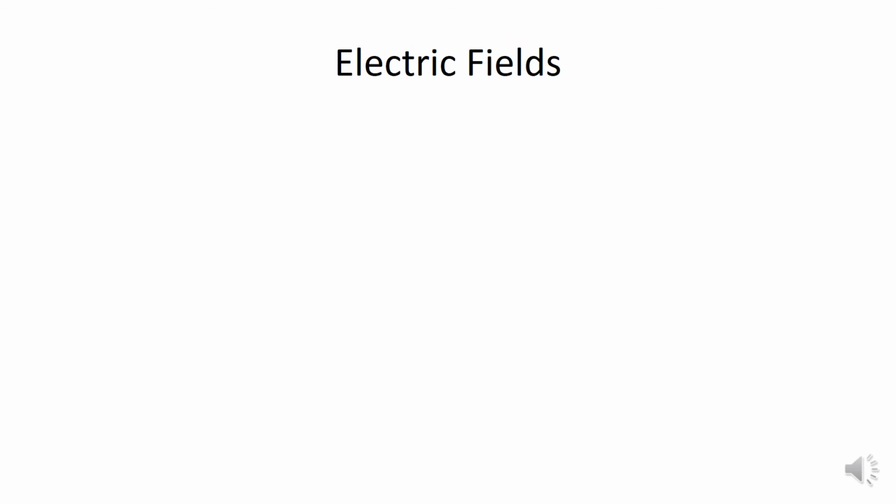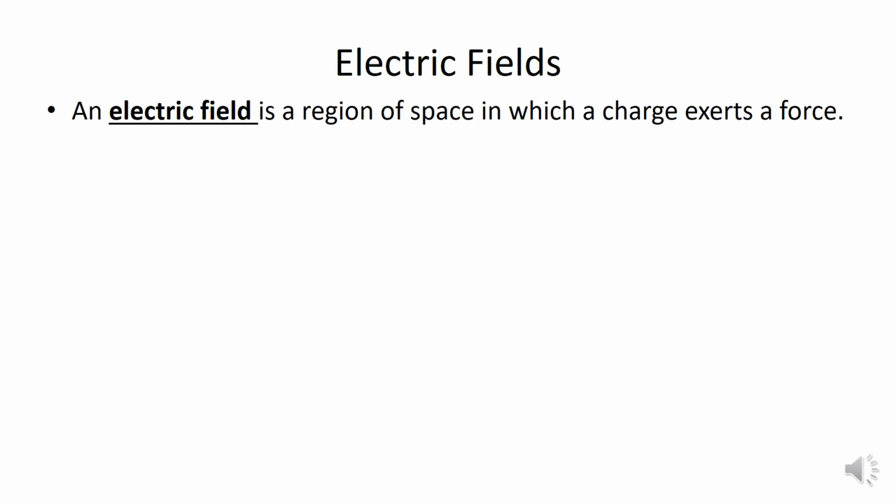So next is electric fields. We've kind of mentioned them on our way here, and the definition of an electric field is: an electric field is a region of space in which a charge exerts a force. So it's the region of space around a charge where other charges can feel a force from it.